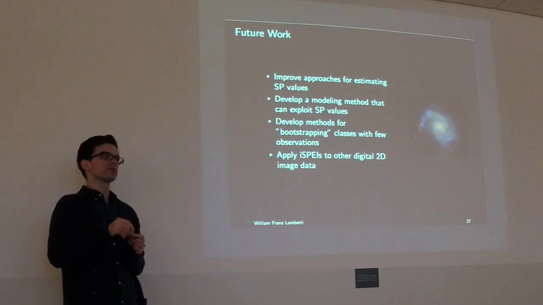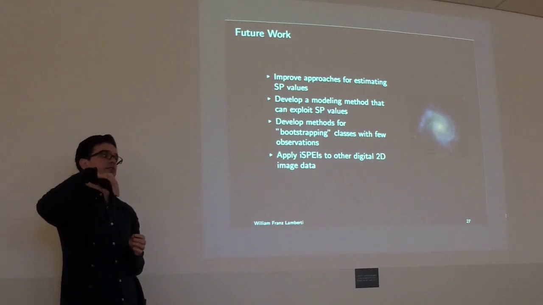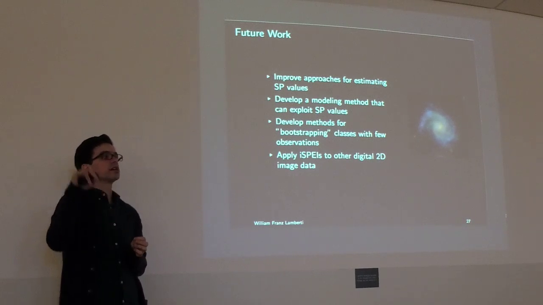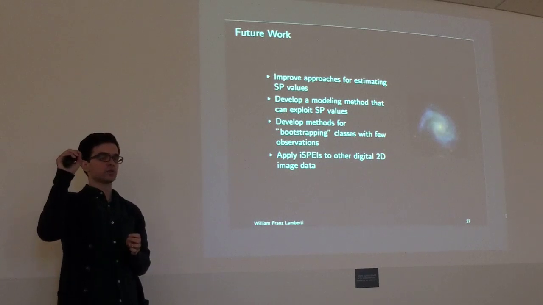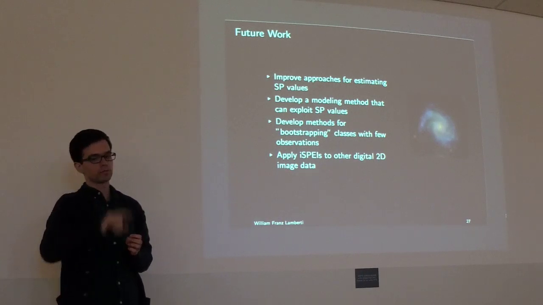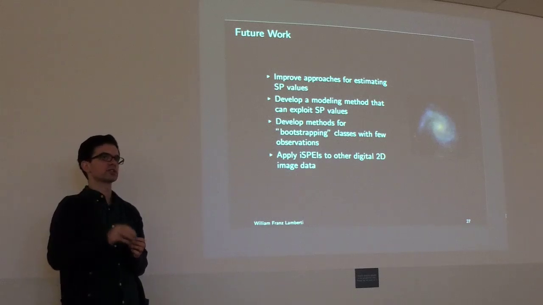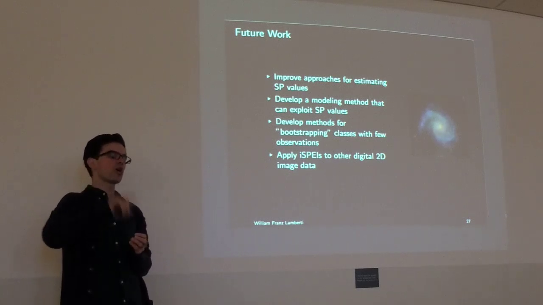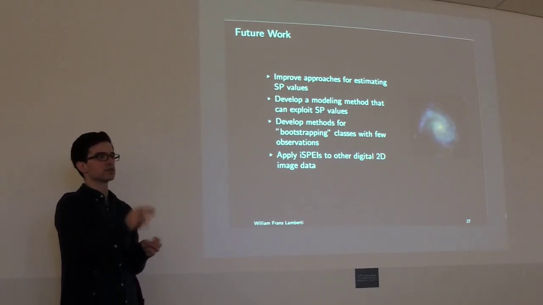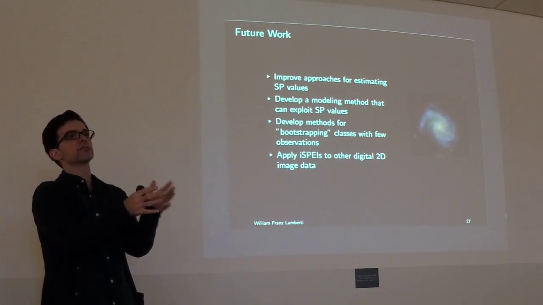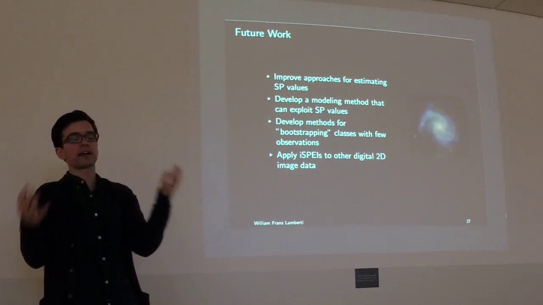Because the hierarchical model is estimating lots of different SP values for each different resolution. What I'm desiring is one that can use the SP values across different resolution sizes and use that estimation appropriately, effectively and efficiently.